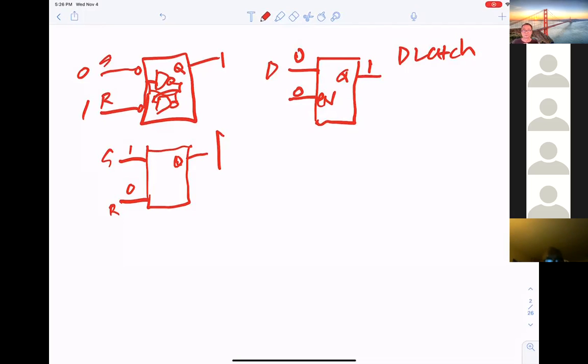It doesn't change the value. Perfect. There will be no jam. Why will there be no jam? Because the enable is 0.